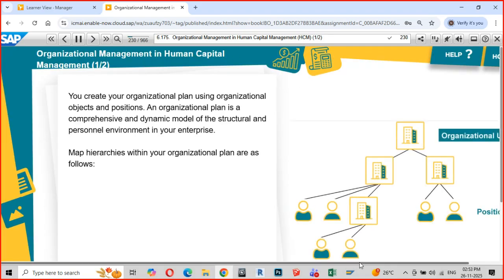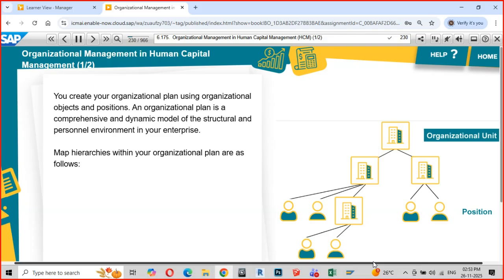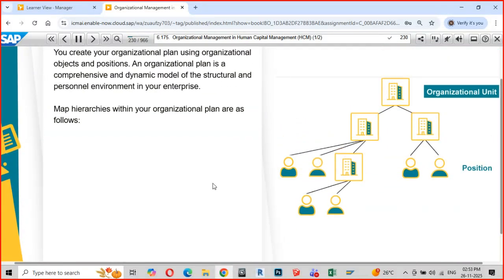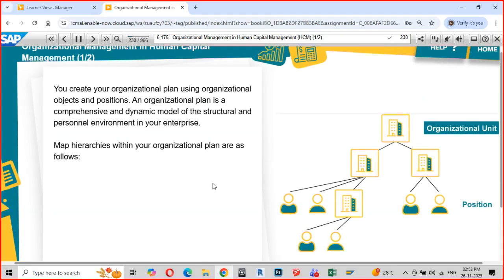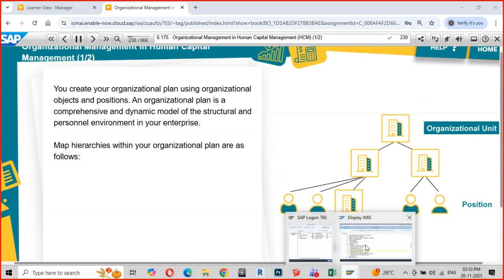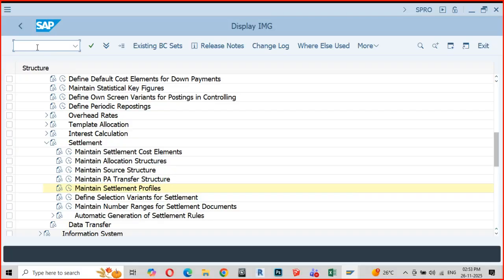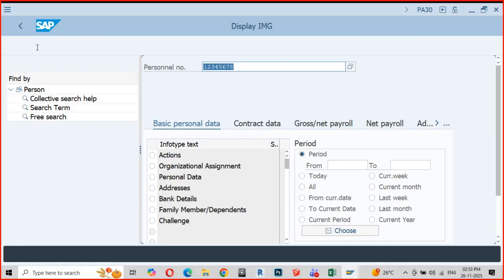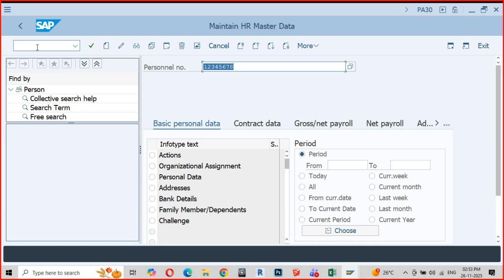Organizational structure, and so you have your personal number, your personal being created. PA30. I think PA30 is a transaction code. This is where you create your personal.